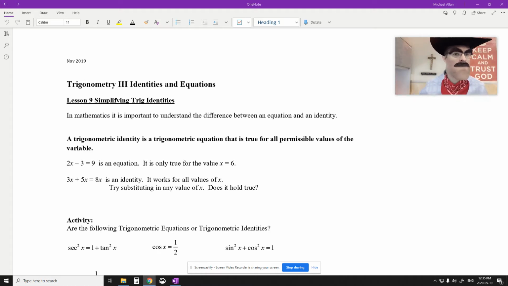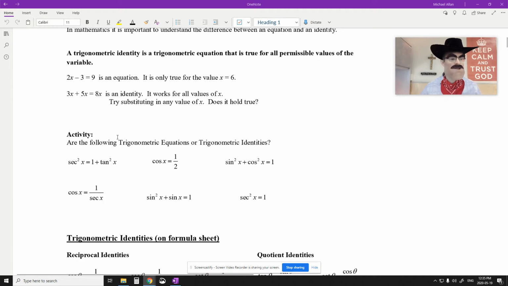Okay, so first of all, let's figure out what an identity is and how it compares to an equation. An equation is a mathematical equality that is true for only one very specific value, such as you can see in the question here, 2x minus 3 is equal to 9, right?